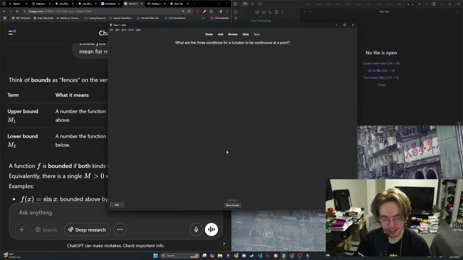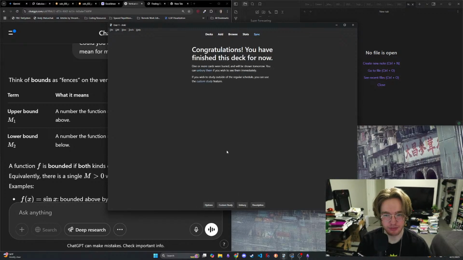The limit as x approaches c has to exist, and the limit has to equal f of c. A bounded function is one where, for a given domain from negative to positive infinity, the output or range is within the bounds of some two numbers, so it can be upper bounded and lower bounded.